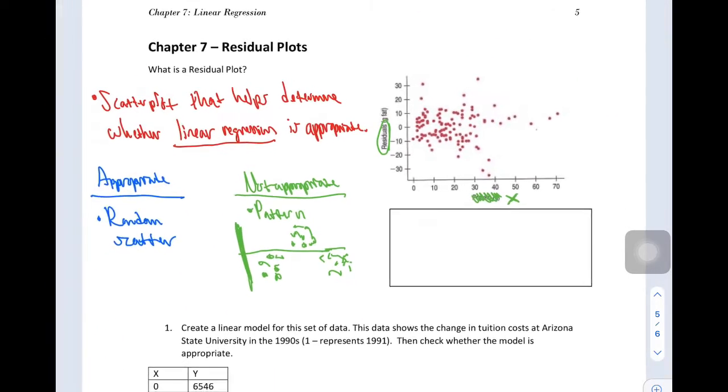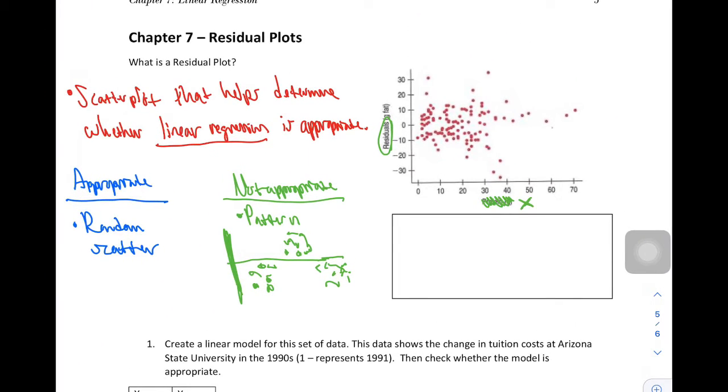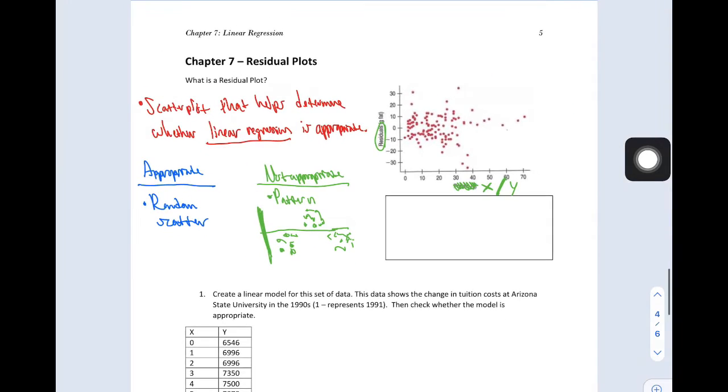So it's a plot where your X list is plotted against your residuals. Sometimes this could be your Y variable. It doesn't matter as long as you're plotting against your residuals. I recognize right now, a lot of this doesn't make sense. You're like, what the heck is he talking about? Trust me, it'll start making more sense once you see this in an example.